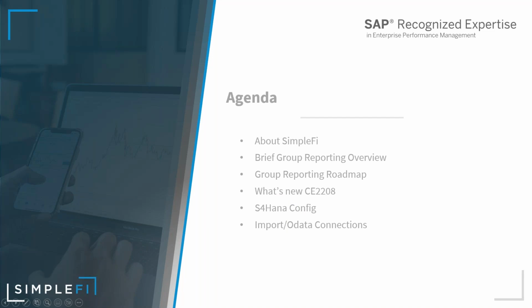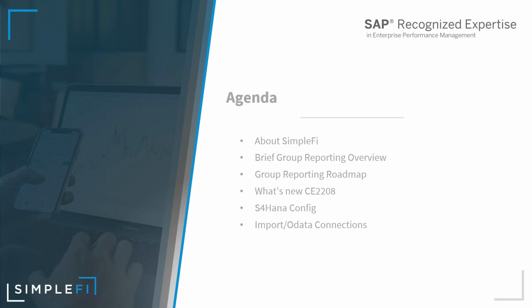Okay, so thank you everyone for joining this webinar. What we're going to cover today is how we connect group reporting to SAP Analytics Cloud. So some of the settings that we have to make in group reporting on the S4 side, as far as business users, business roles, communication connections.